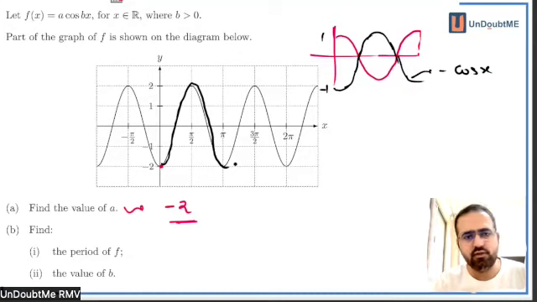This is one period of this cos. So the period will be pi. Find the value of b. For finding the value of b, you can use 2 pi by n is equal to period, and then you can get the value of n from there.